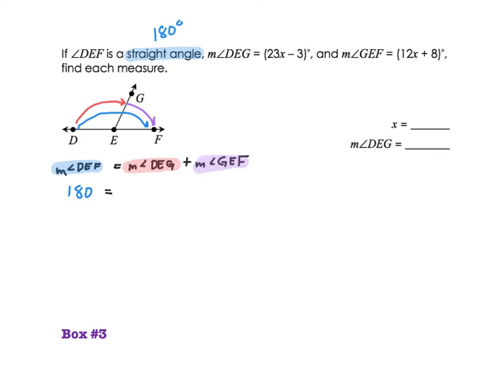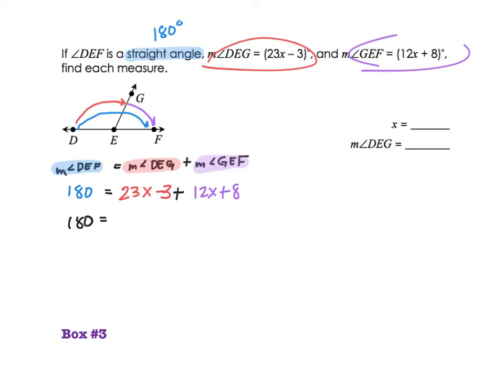That is equal to DEG, which is right here, 23x minus 3, plus measurement of angle GEF, which is right here, 12x plus 8. I'm just going to go ahead and combine like terms. So I have 180 is equal to, combine 23x and 12x, I get 35x.